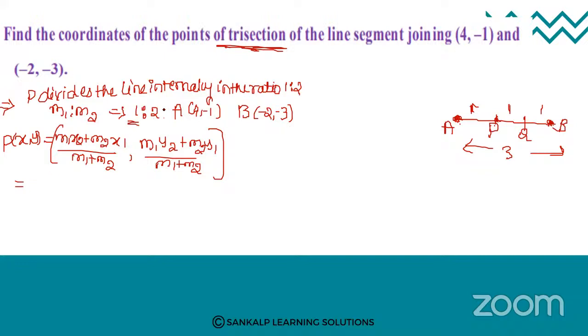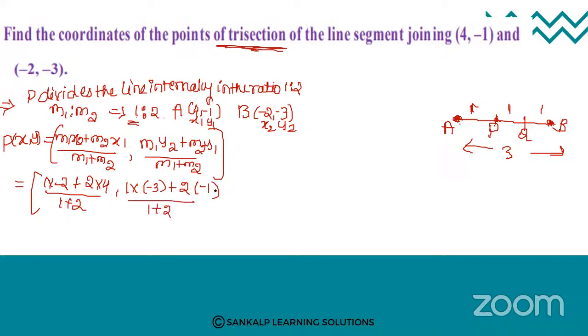So 1 into x2, which is -2, plus M2 value 2 into x1, which is 4, divided by 1 plus 2. Now M1 value is 1, y2 value is -3, plus 2 into -1, divided by 1 plus 2.